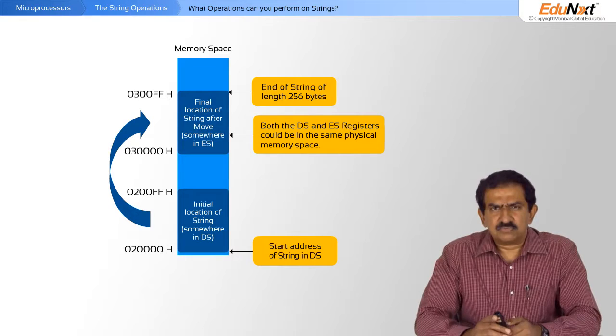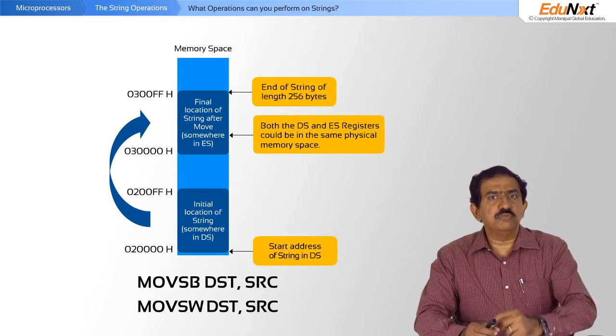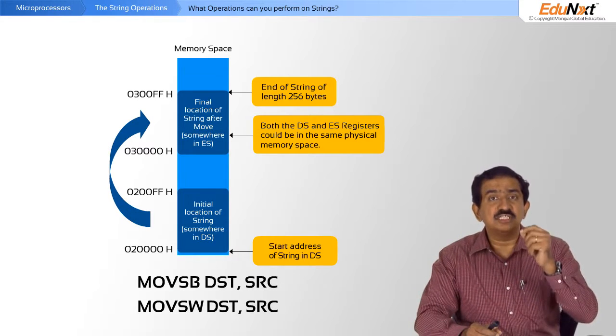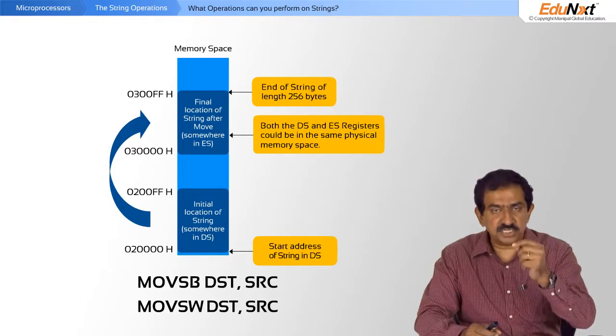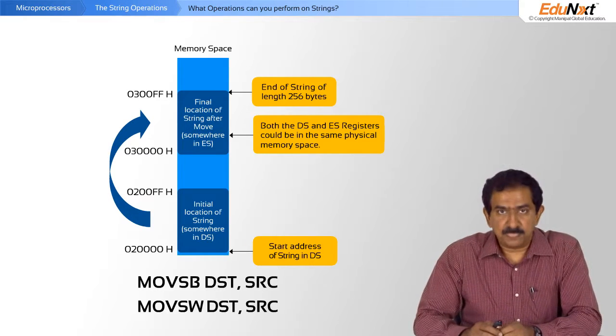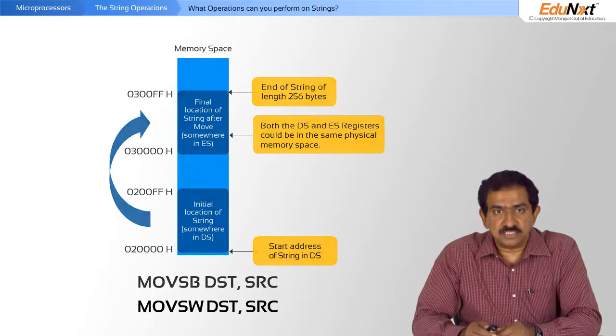Now, the important thing here is that these move instructions ensure that the sanity of the data is maintained, that the sequence of the data is maintained automatically. Now, if you didn't have the string instruction, what would you have to do as a programmer? Let's assume you didn't have the MOVSB or the MOVSW instructions.